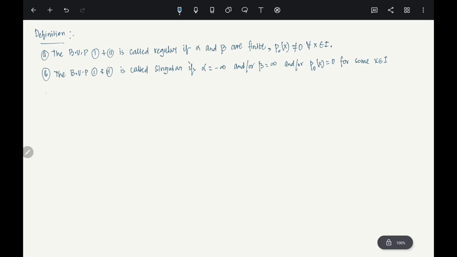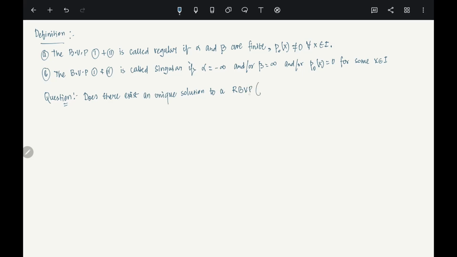So the first question is this: does there exist a unique solution? First of all, does a solution exist, and whether that's a unique solution or not, to a regular boundary value problem.